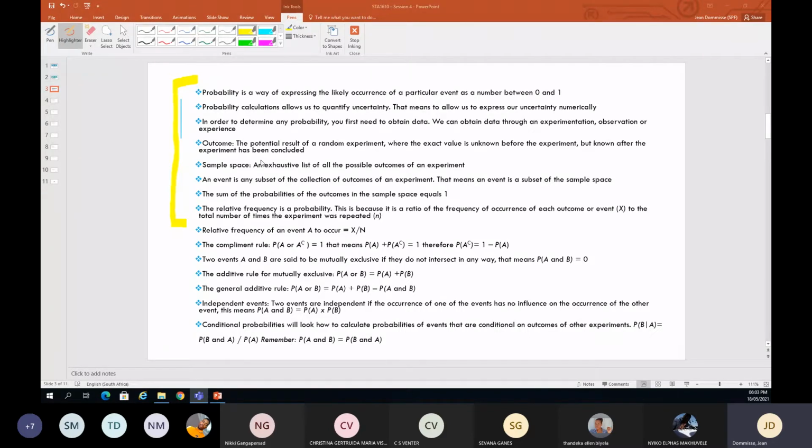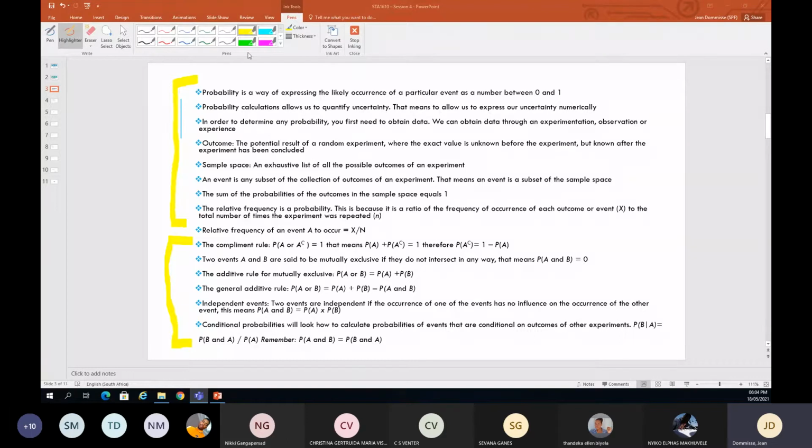So when you look at probability, these first few definitions can be part of a theory question, but what is important are these ones that you need to know. And again, you can print this, you can make notes on this, you can use this in the exam as well.